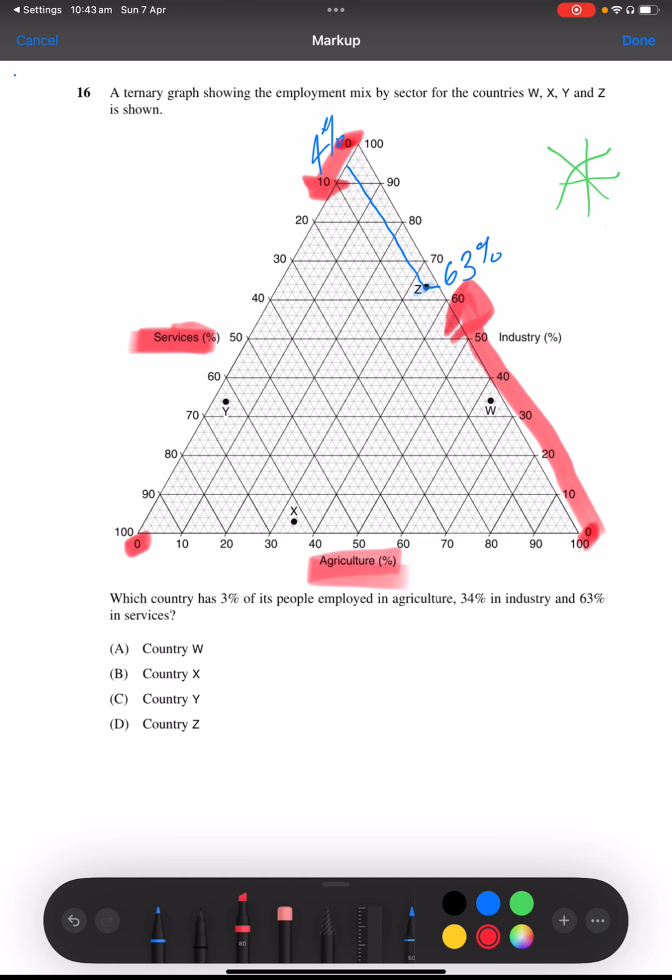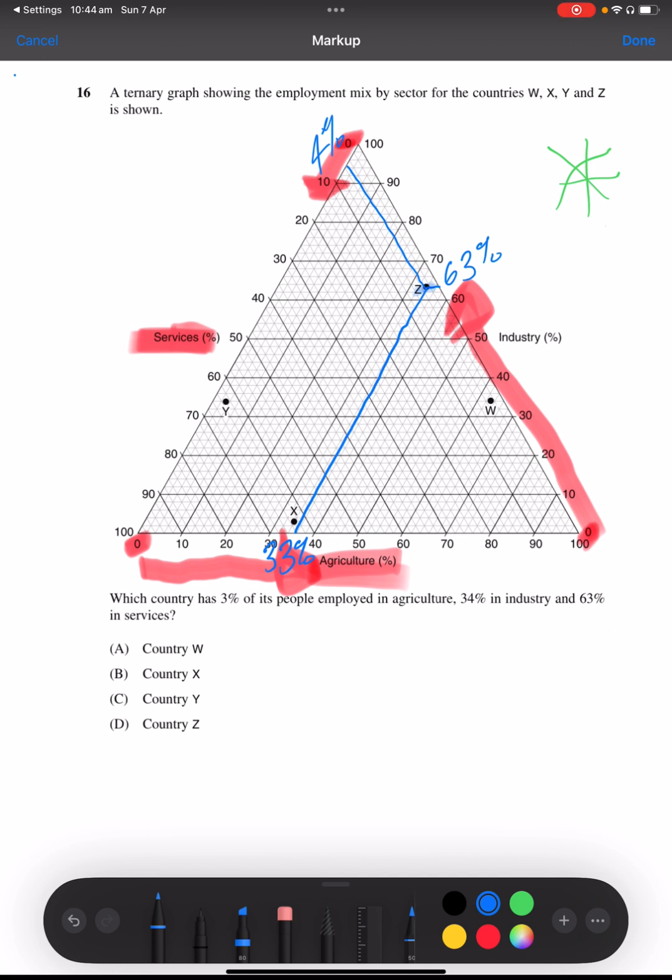Okay, we're going to work our way across again, and we're going to make our way to about there because we know that when we draw a line from country Z, let's not use that one, let's use this pen, go all the way down. Let me try and redraw that. Okay, we should get to around there, and mine's a little bit skewed, but in this scenario, it equals 33%. And again, you would be using a ruler.